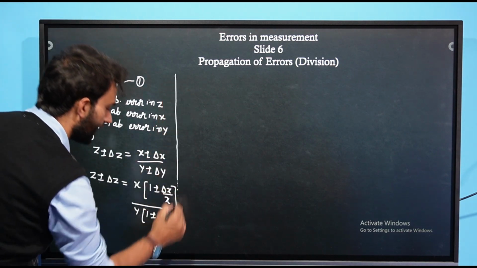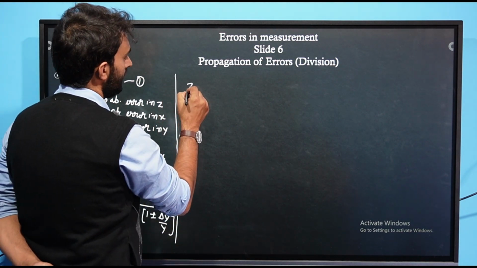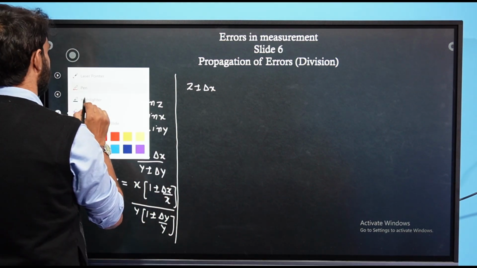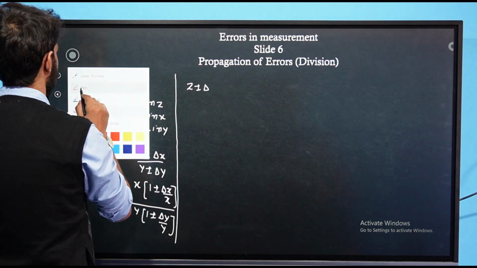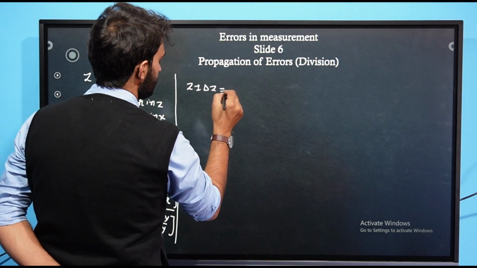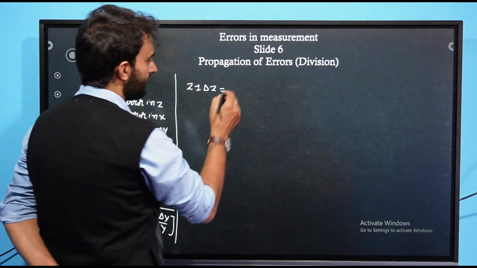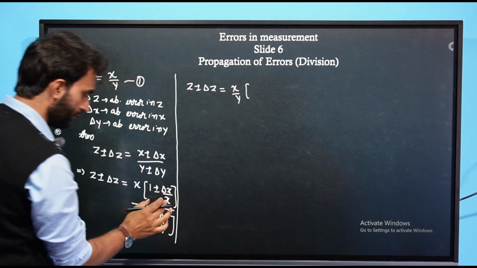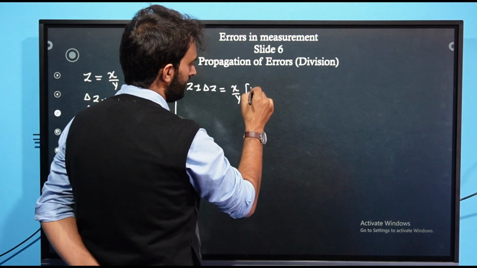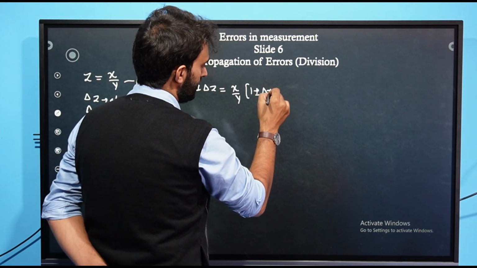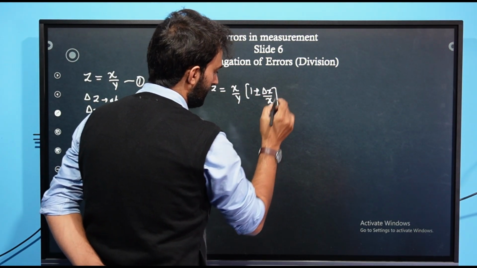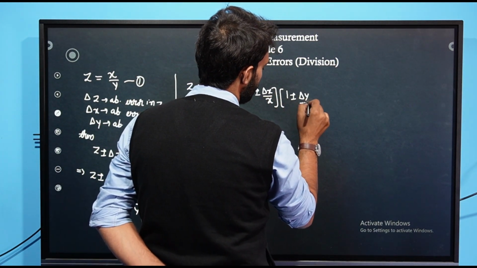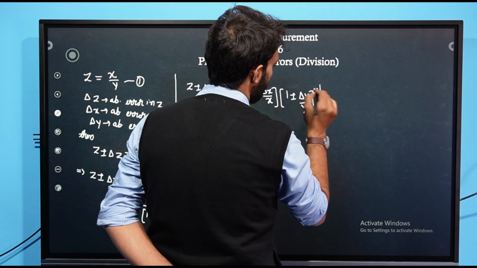So can we write this as z plus minus delta z is equal to x by y times 1 plus minus delta x by x, and the other term as 1 plus minus delta y by y raised to power minus 1.